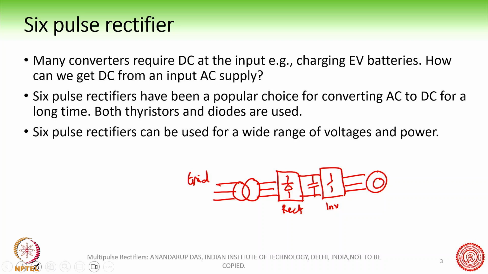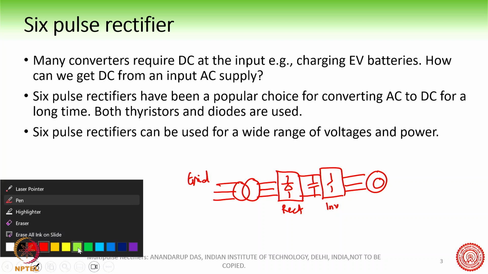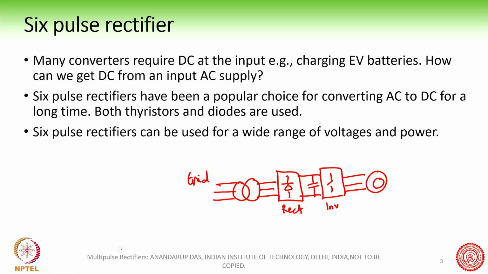We can optionally also have filters at various places. For example, we can have an output filter here. This output filter basically improves the output of this inverter. The inverter output is PWM switched waveforms, and we try to make it a little bit sinusoidal, and we also try to control the rise time.